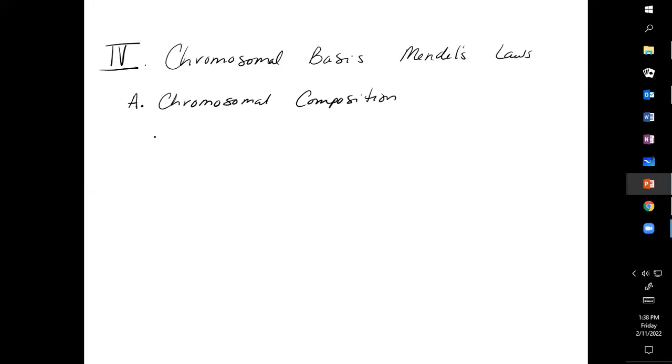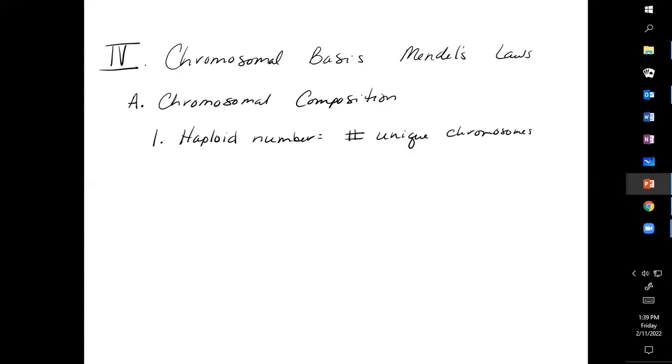The number of unique chromosomes in the cell of an organism is the haploid number. So the haploid chromosomal content, the haploid number, is equal to the number of unique or different chromosomes in the nucleus of a cell.